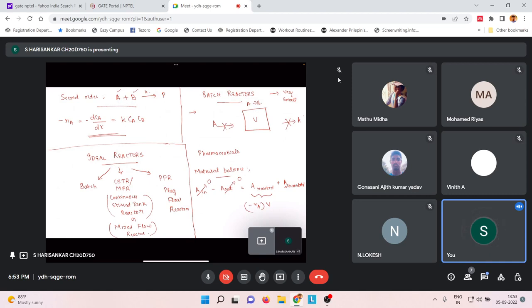Now, A reacted, you can get this term by using the reaction rate, minus Ra into V, and A accumulated is nothing but the rate of change of moles of A with respect to time. So the in and out terms will be 0, since there is no A going inside the reactor and no A coming out of the reactor in a batch operation.